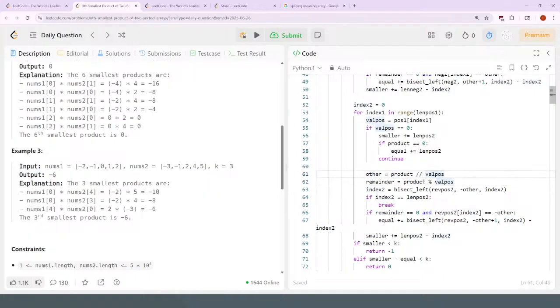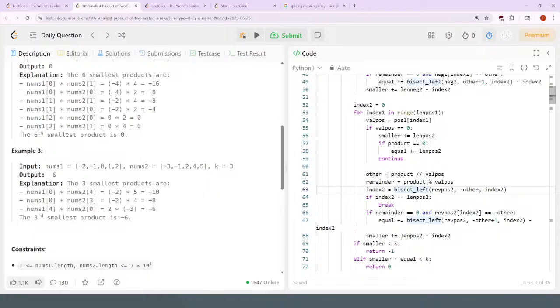So here, divide by the value to get the other, and the logic here is just the insertion logic, or the bisect left logic. It's kind of convoluted, but I had to rearrange the second subarray of positive values to be negative so that it finds it correctly using bisect left.